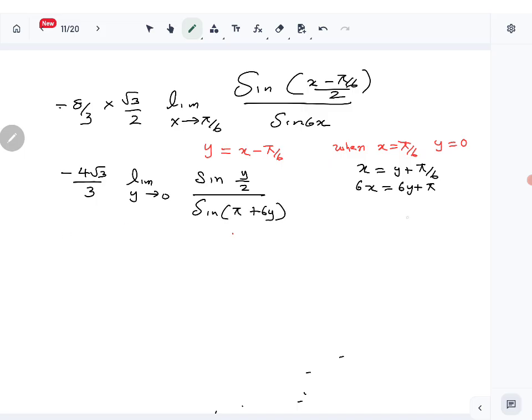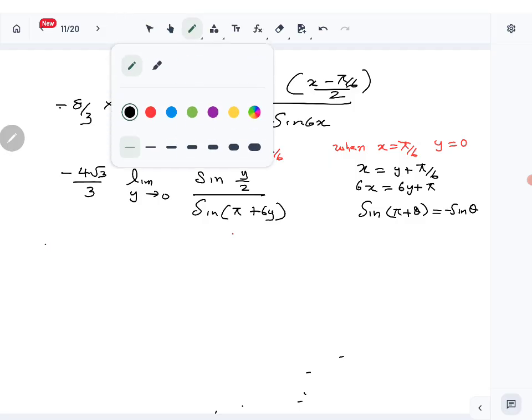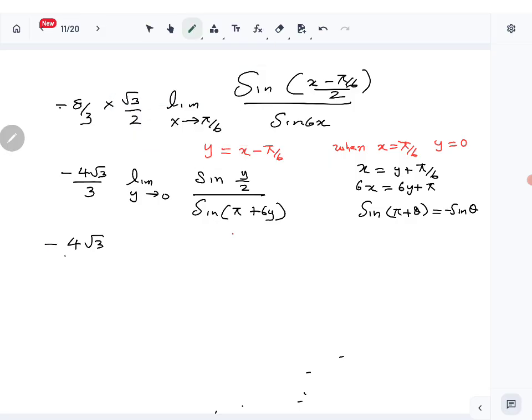Right, then we'll apply this: sine pi plus theta is what? Minus sine theta. That is from a trigonometry identity. So substitute that, and this becomes limit y goes to 0 sine y over 2 over minus sine 6y.